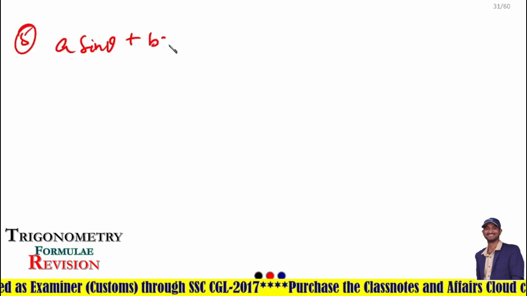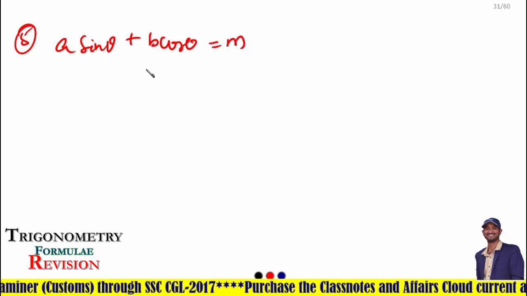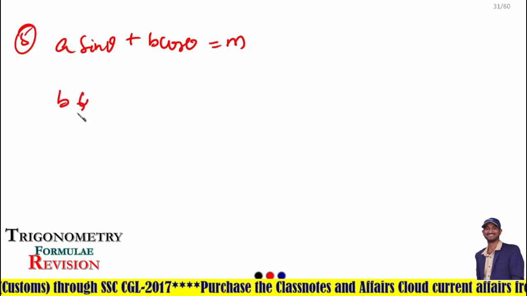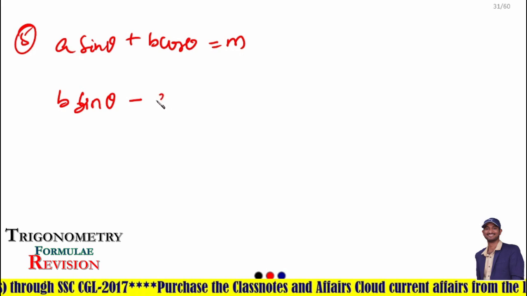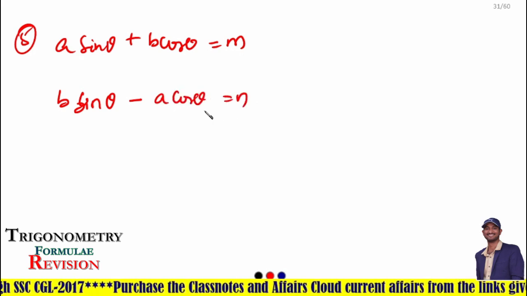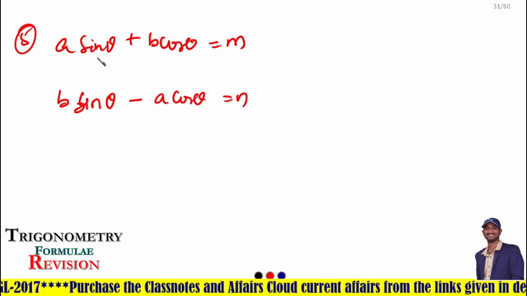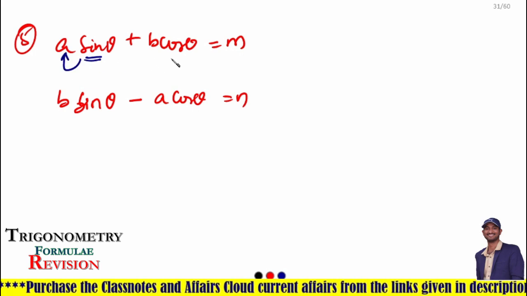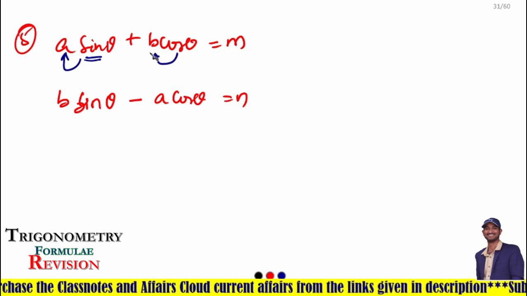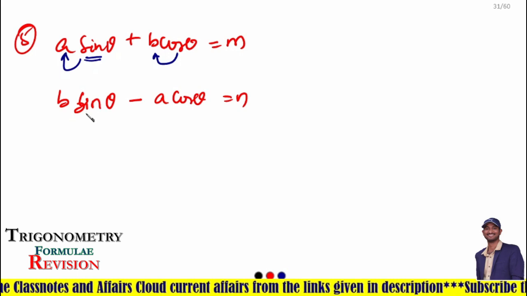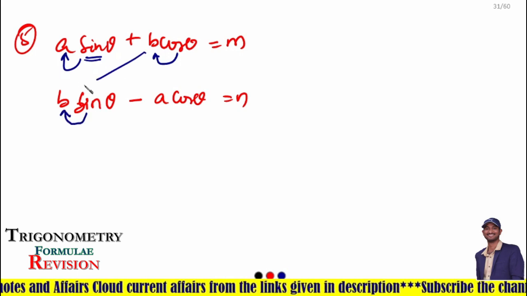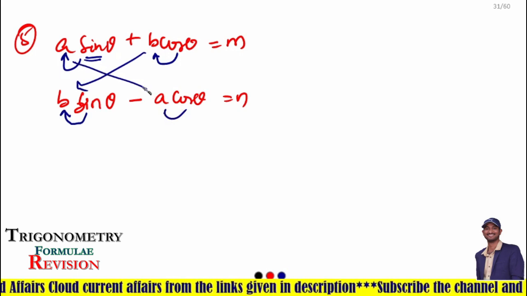And next, the fifth one. Whenever a sin theta plus b cos theta is equal to m and b sin theta minus a cos theta is equal to n. First observe this. The coefficient of sin is a, the coefficient of cos is b. They have to interchange in the next equation. The sin theta coefficient is b and the cos theta coefficient is a.